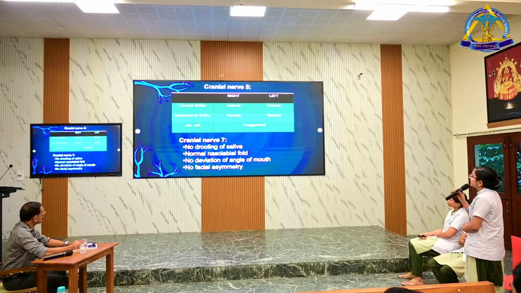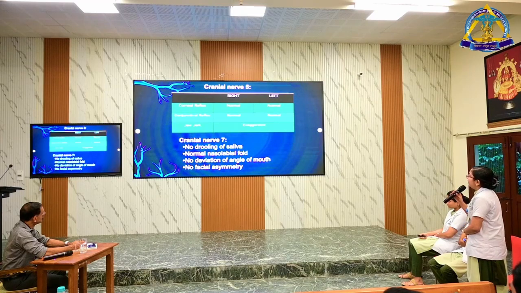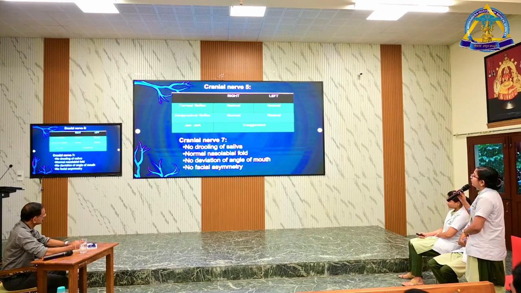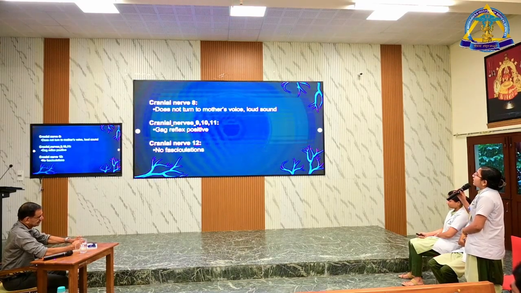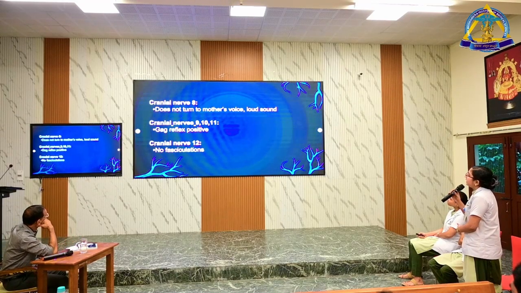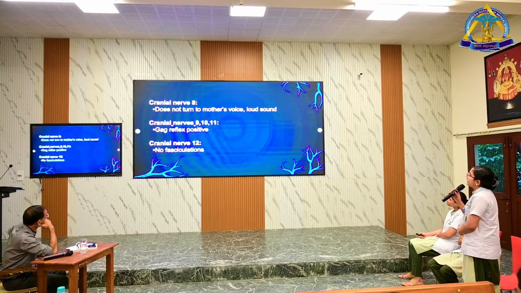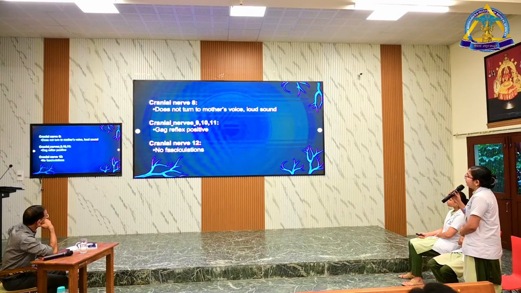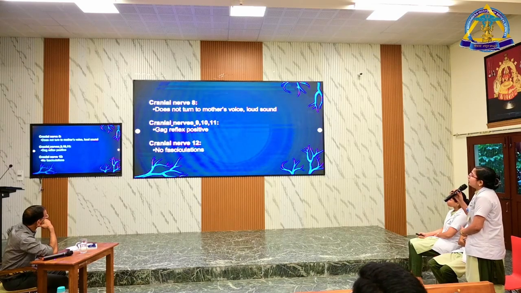Jaw jerk is exaggerated. Cranial nerve 7, no drooling of saliva, normal nasolabial fold, no deviation of angle of mouth and no facial asymmetry. In cranial nerve 8, the baby does not turn to mother's voice or any loud sound. Cranial nerve 9 and 10, gag reflex is positive, and in cranial nerve 12, no fasciculations.